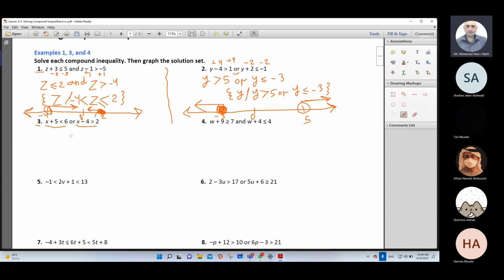I want all students to write this inequality in your notebook, then try to solve it. The students who study online, you can take a photo, then send it to me in the message. And the students here in my class, you can show me your work in the notebook. Start, please, you have 5 minutes.